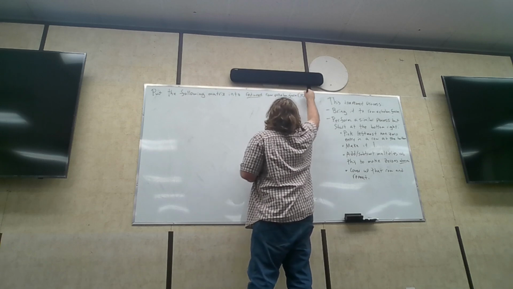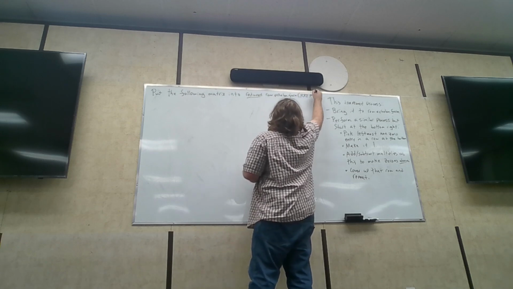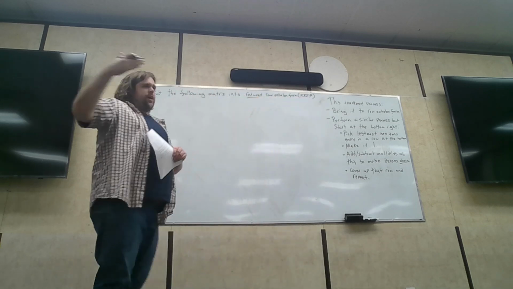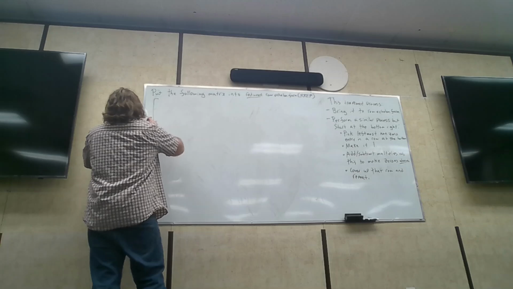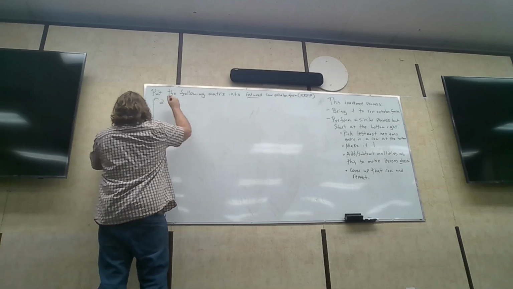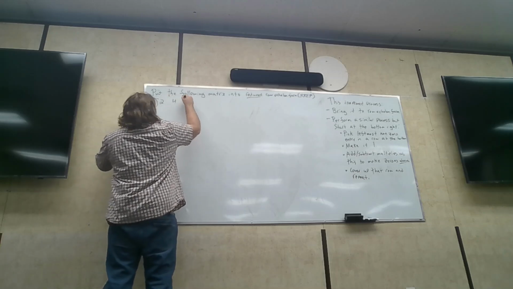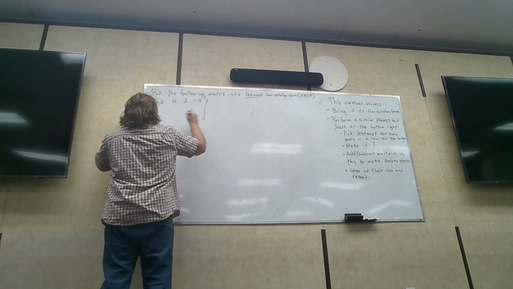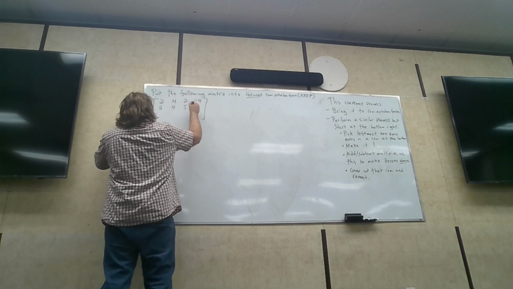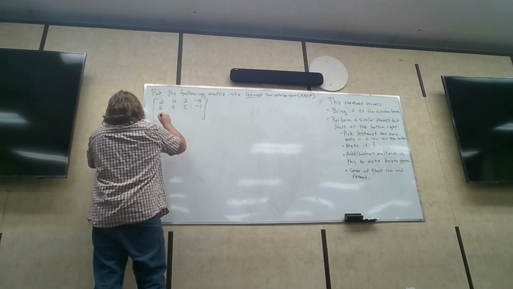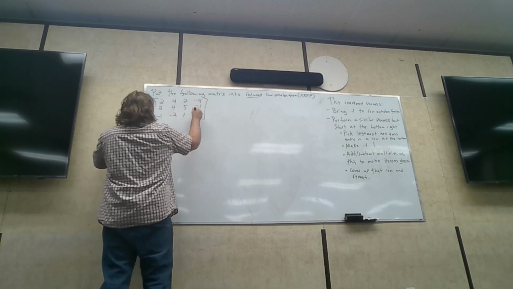In fact, we talk about it so much that eventually I'll just say RREF, reduced row echelon form. Okay, so we've got this matrix, and I'm going to be extra careful this time because I need it to be exactly this matrix. 2, minus 4, 2, 4, 5, minus 1, minus 1, minus 2, 1, 4.